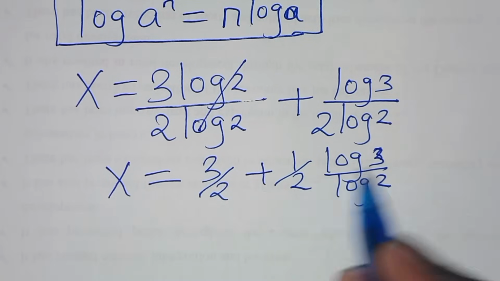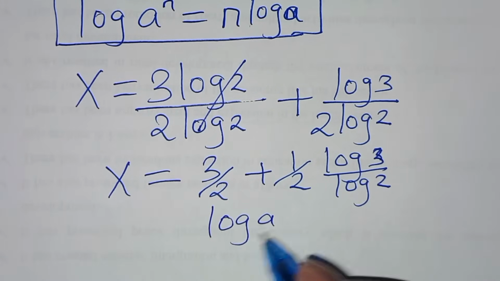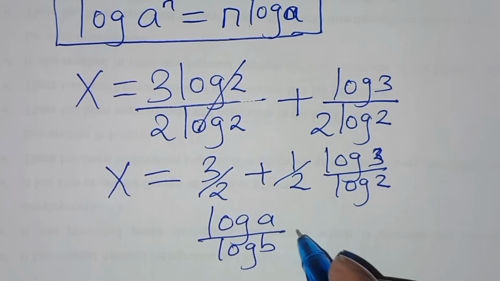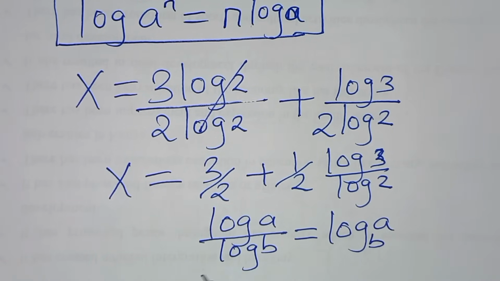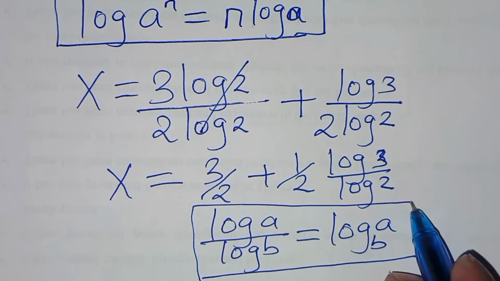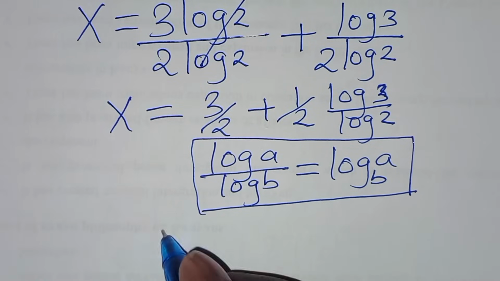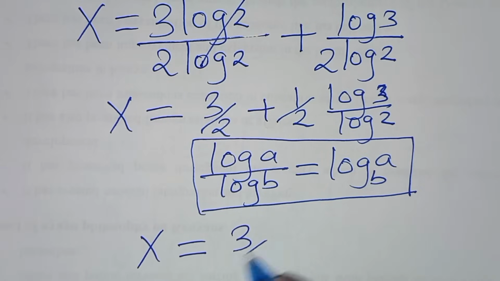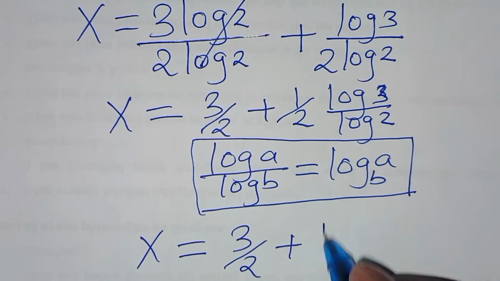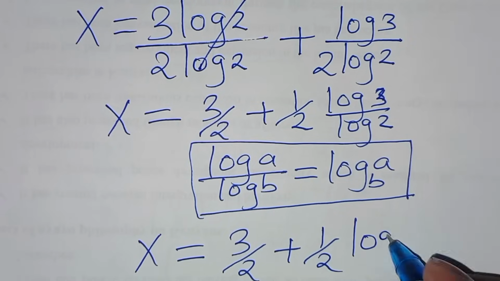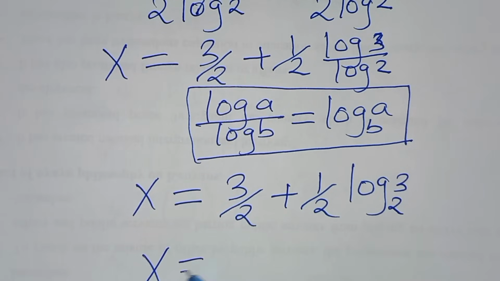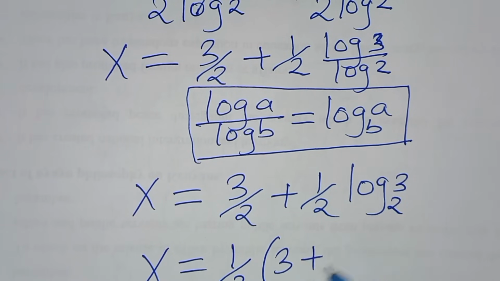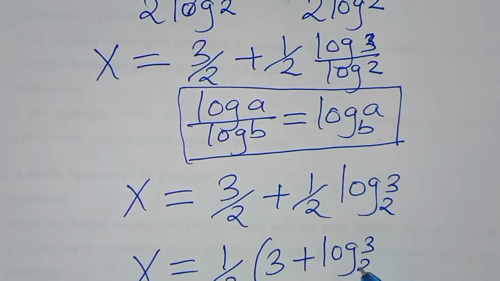Log 3 divided by log 2 is in the form of log a divided by log b, which we can express as log a to base b. So applying this logarithm property here, the value of x equals 3 over 2 plus a half log 3 to base 2, which we can express nicely as a half into the parentheses 3 plus log 3 to base 2.